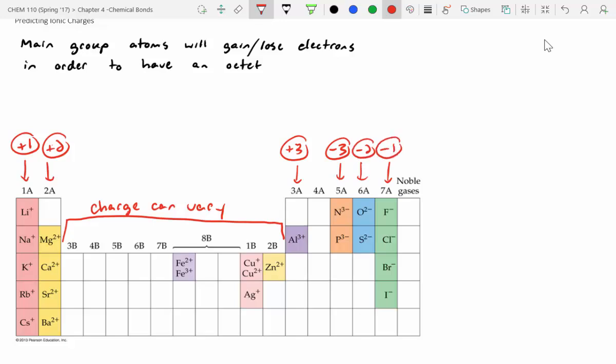All right, kind of an abstract question though. If we think about sodium, we said that it's pretty happy giving up this electron and then going to sodium positive. But why doesn't it take 7 electrons to form an octet? What do you think?